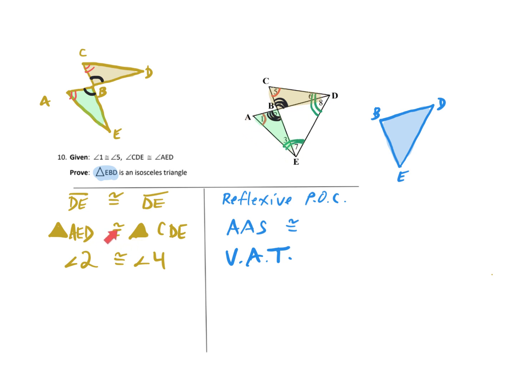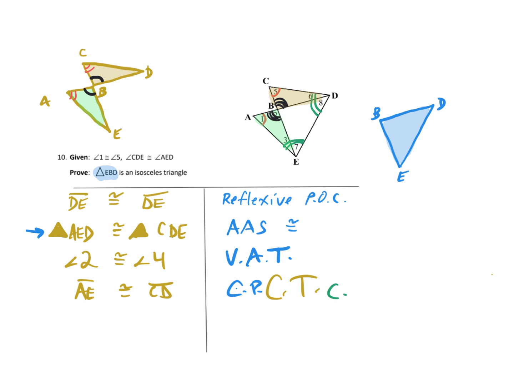Since we've got that, we can now use the definition of congruent triangles, which says their corresponding parts are congruent. You know, CPCTC. So we're going to show that CD is congruent to AE because first and second corresponds to first and second. Here we go. Side AE, first and second, is congruent to side CD, first and second, because these triangles here are congruent, and we all know that corresponding parts of congruent triangles are congruent.